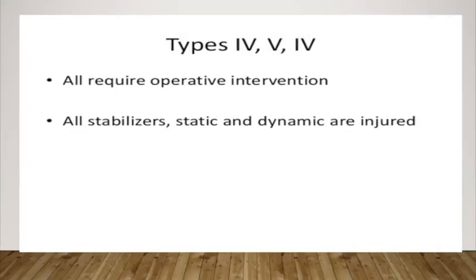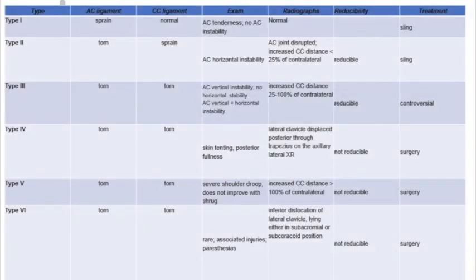Next, for type 4, 5 and 6, we definitely have to go for operative intervention, as all the stabilizers, the static and dynamic, are injured. If you remember properly, I have shown this diagram in my previous video. So I'm putting this chart here again.